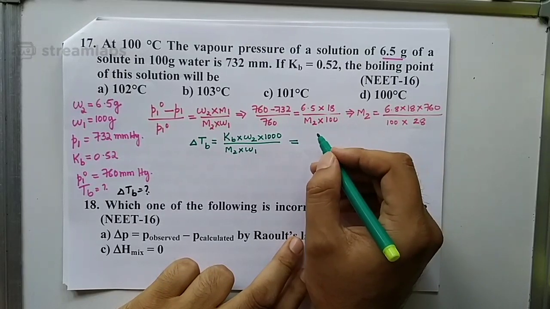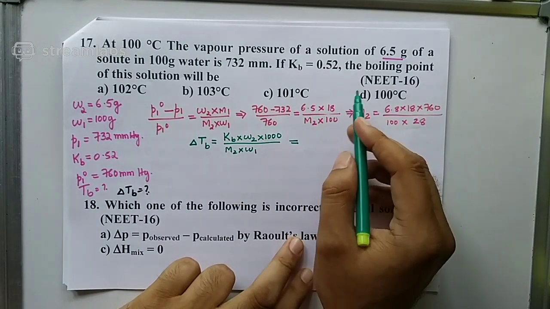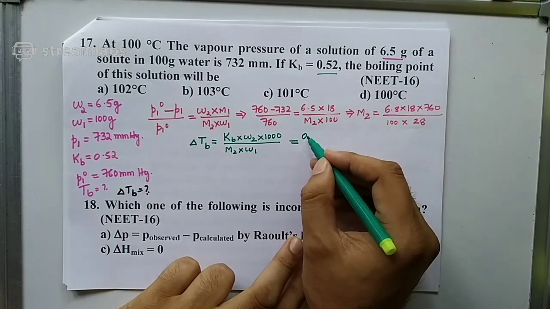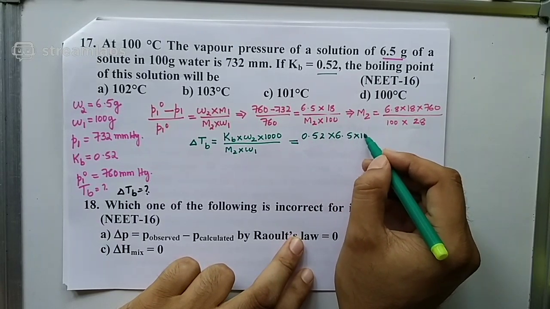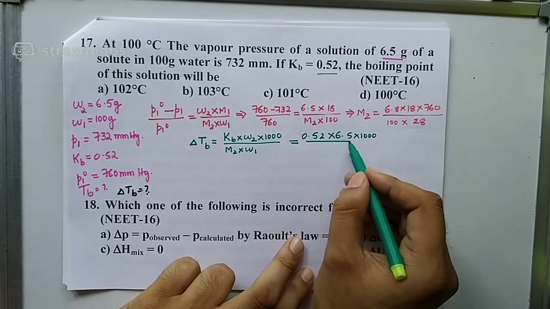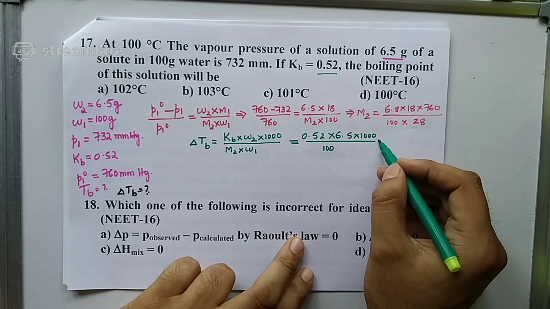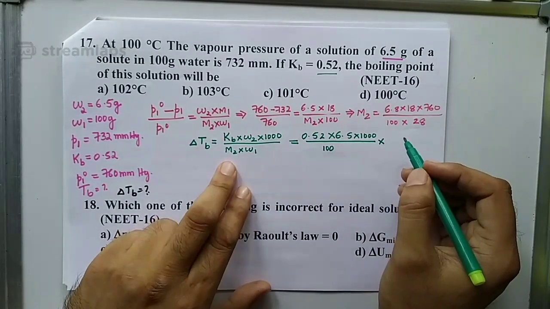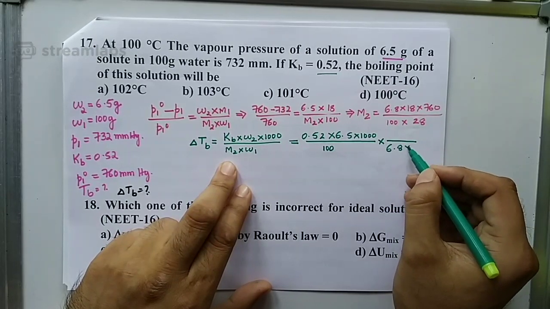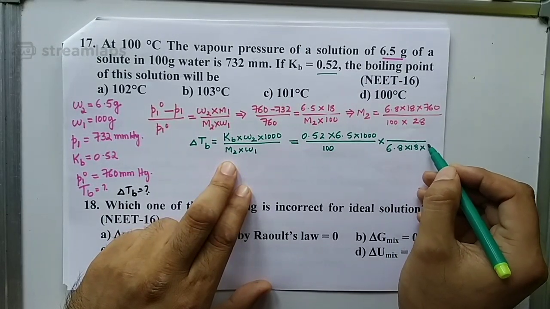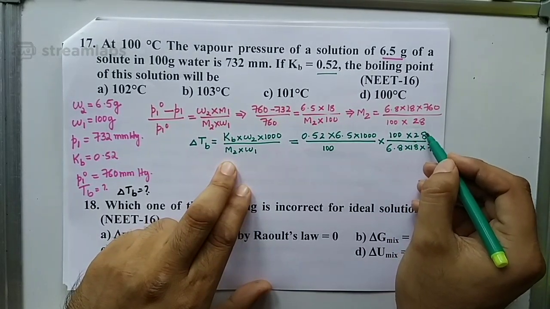KB value is given in the problem as 0.52, so we'll write 0.52 into W2, which is 6.5, multiplied by 1000, divided by M2 into W1. W1 value is known as 100, and in the denominator I should substitute the value of M2. M2 is nothing but 6.8 into 18 into 760 divided by this 100 goes above into 28.